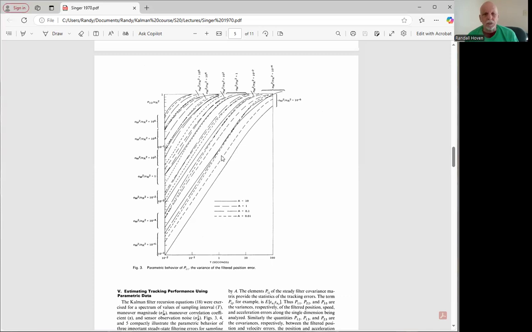And that's what these graphs are. I'm not going to go through the graphs, but they're what you crank through with the Kalman filter gain and covariance equation, where you don't really need the measurements. We're using the Kalman filter equations to do analysis, not to actually do the estimating. We're going to find out how accurate we could possibly do things.